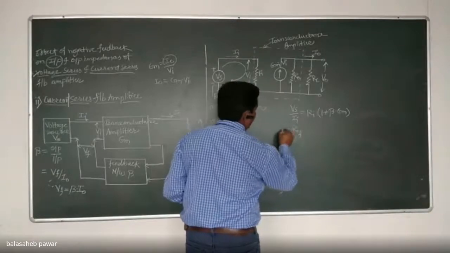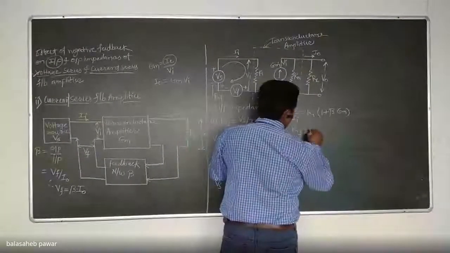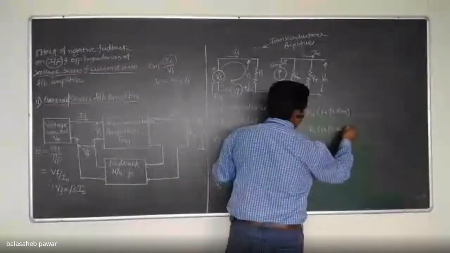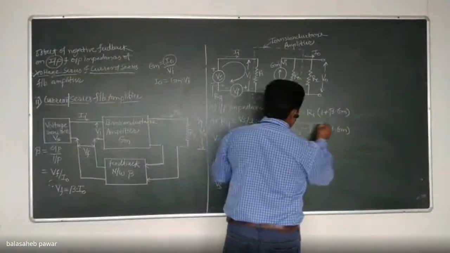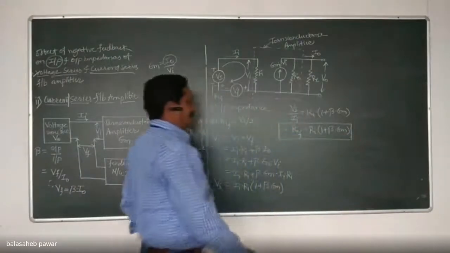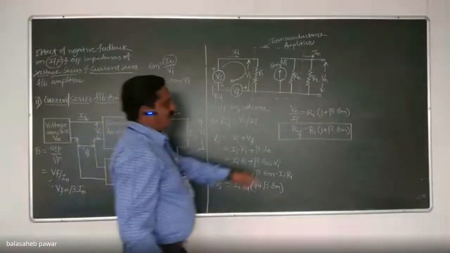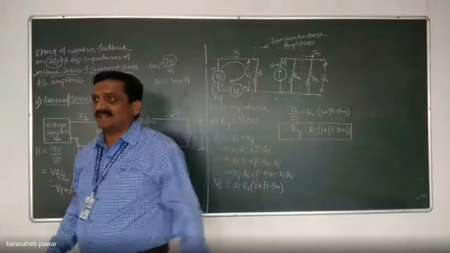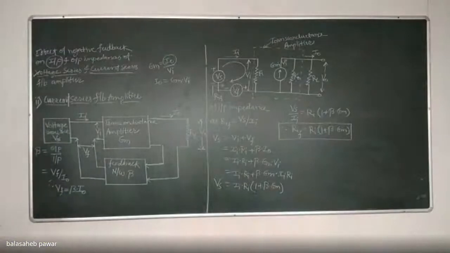Therefore, RIF equals Ri in bracket 1 plus beta times GM. And the same thing we derived yesterday also. We got the same relation, only that the transfer gain was AV. Is it? So in general, we can write it as A. Agree?